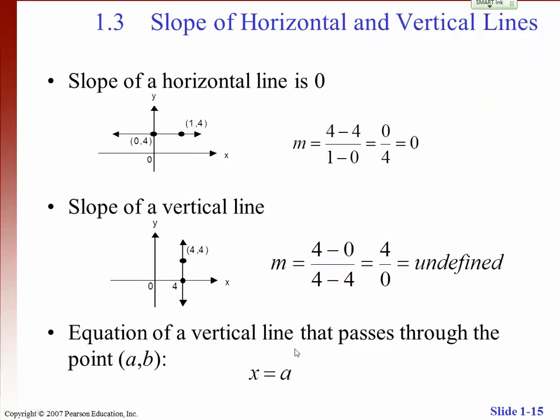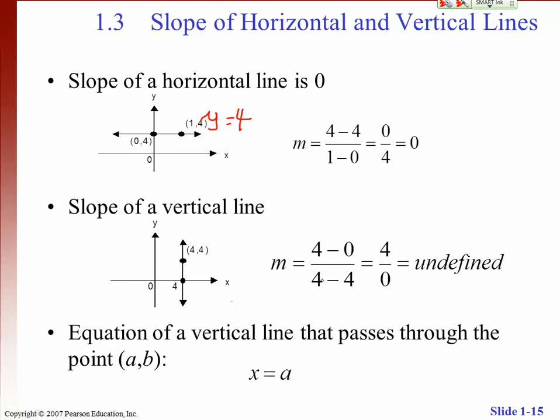Slopes of horizontal and vertical lines. If it's a horizontal line, this one would be whatever y value it is. So this has a slope of 0. And this example I gave, y would equal positive 4.